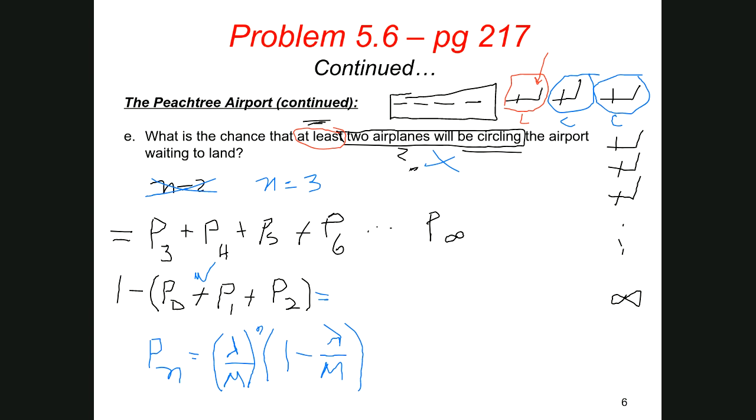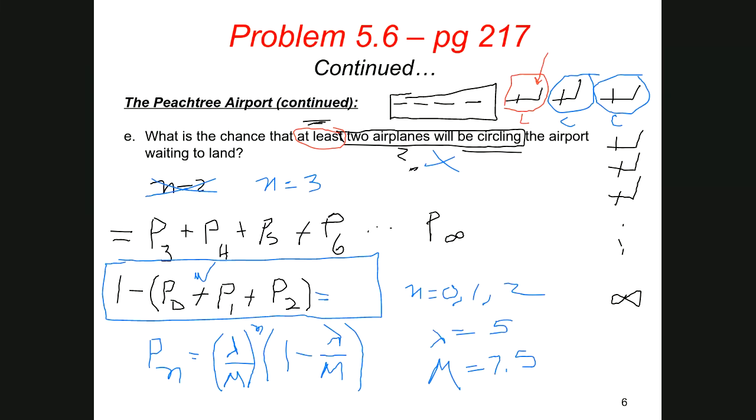And so we'll take this formula and calculate this value. We'll substitute in n equals 0, n equals 1, and n equals 2 into that formula, where we know that lambda is 5 and mu equals 7.5. Once we do that calculation, that'll give you this value. So I'm going to leave that with you to solve. If you have any questions, please don't hesitate to contact me and we'll work through this.